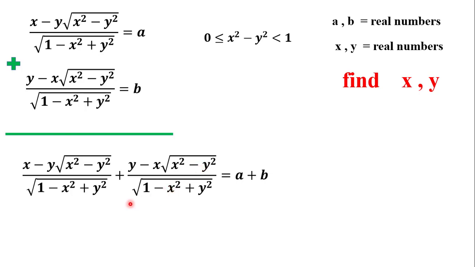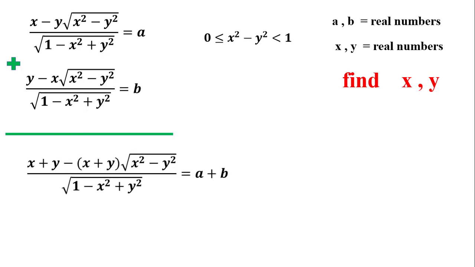We have the same denominator. So we get a plus b equals (x minus y minus x plus y) times square root of x squared minus y squared over square root of 1 minus x squared plus y squared. We can factor out minus 1 from these two terms.